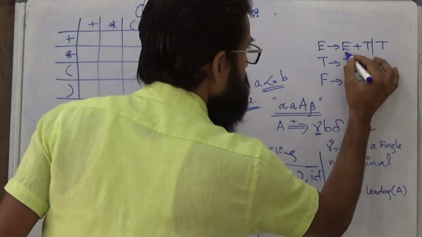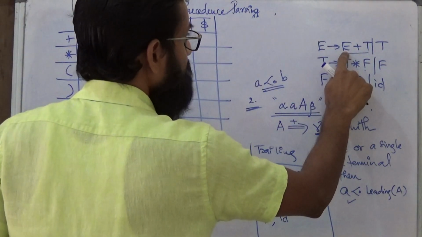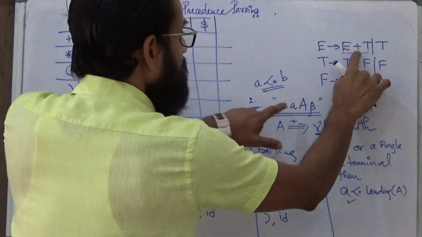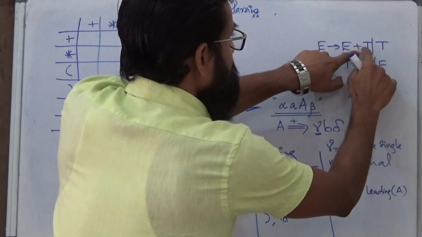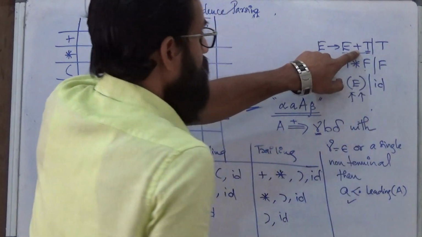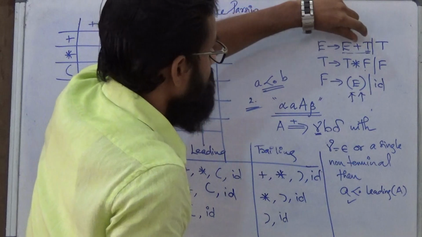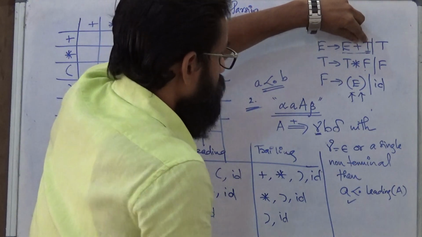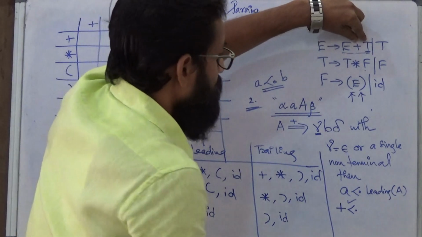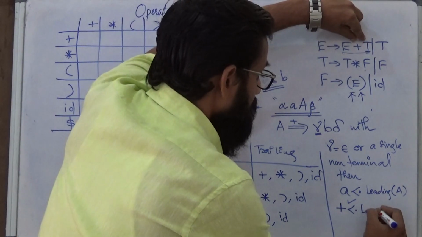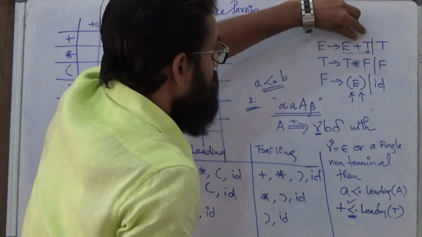So if I take this particular production, here alpha is E, small a is plus, followed by T. So plus is followed by T. So plus can be related to everything in leading of T using this precedence.